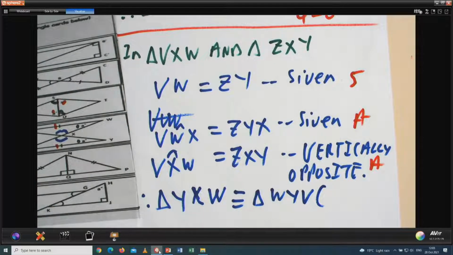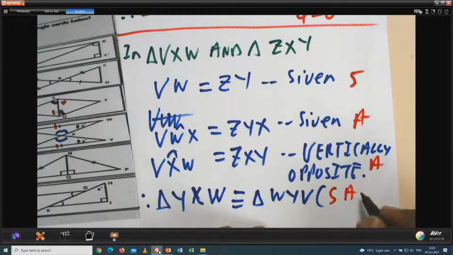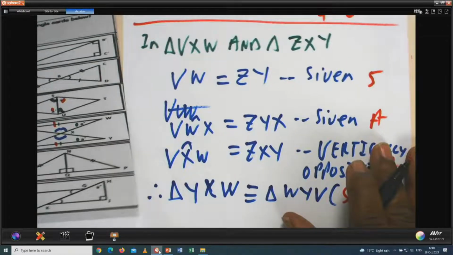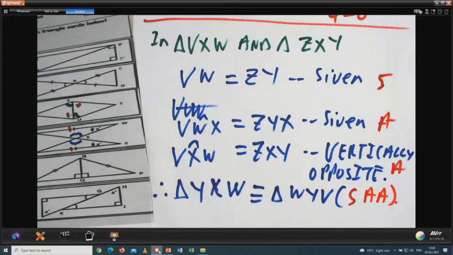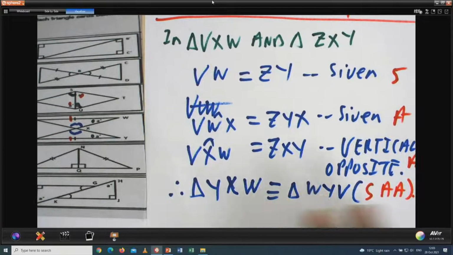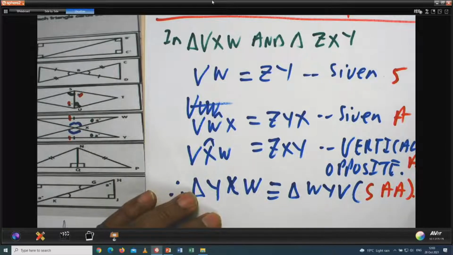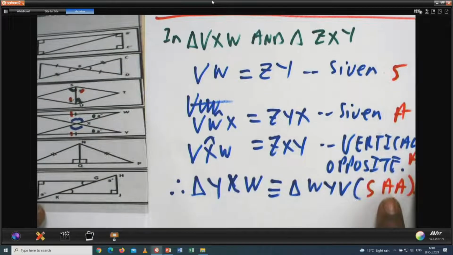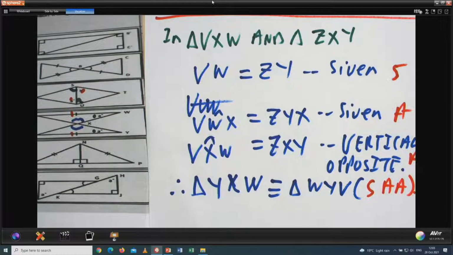Because you've just proven three conditions: side, angle, and an angle. So we are revising, preparing you for your final examination, preparing you for your common task in 8 and 9, your congruency. All right?